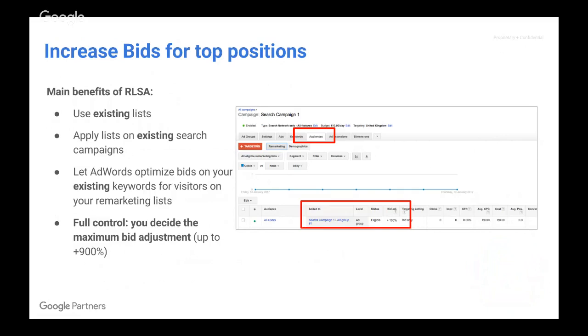You have full control. AdWords will automatically raise your basic bids according to the type of user that enters the auction. So if you set 100% bid adjustment, the bid will be double if the user is on the RLSA list. You decide the maximum bid adjustment, and the maximum is 900.